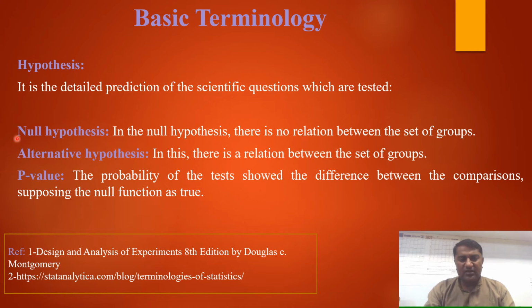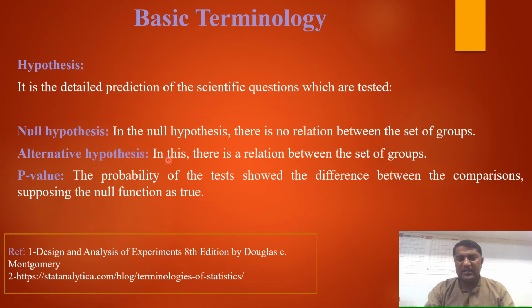And the null hypothesis: in the null hypothesis, there is no relation between the set of groups. When you are doing the experiment and you imagine that this will show a positive response, but at the end of the experiment you obtain no response, then the hypothesis is the null hypothesis.